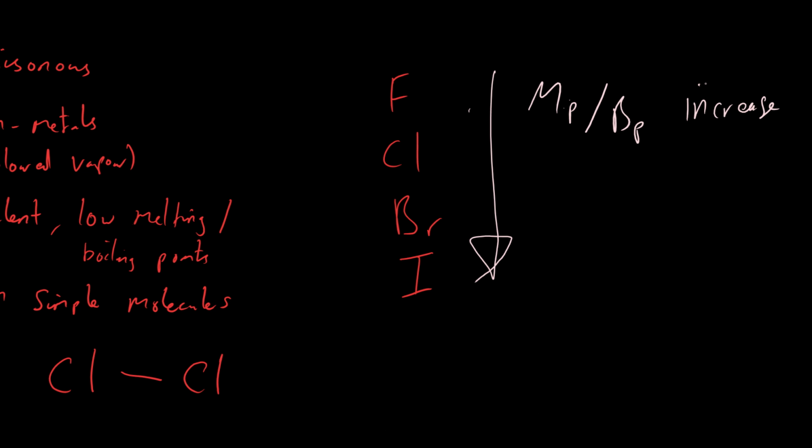Okay, they increase. And that is because as we go down, the atoms themselves are getting larger, which means in turn the molecules are larger. If the molecules are larger, we have greater intermolecular forces.